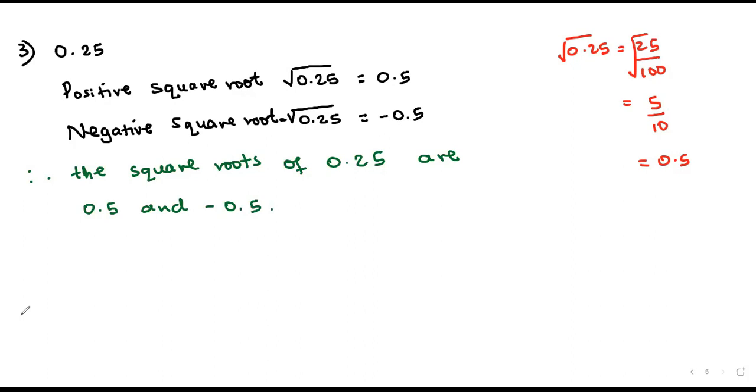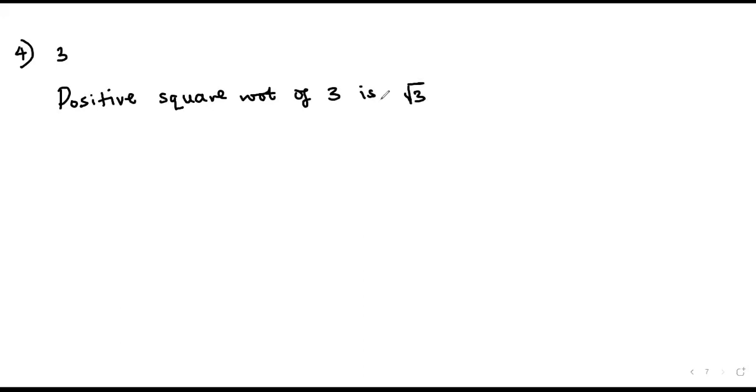Now we look at another number, that is number 4. Number 4, we have got 3. We know that the square root of 3 is a number that we can multiply by itself to get 3. So the positive square root of 3 is the square root of 3.